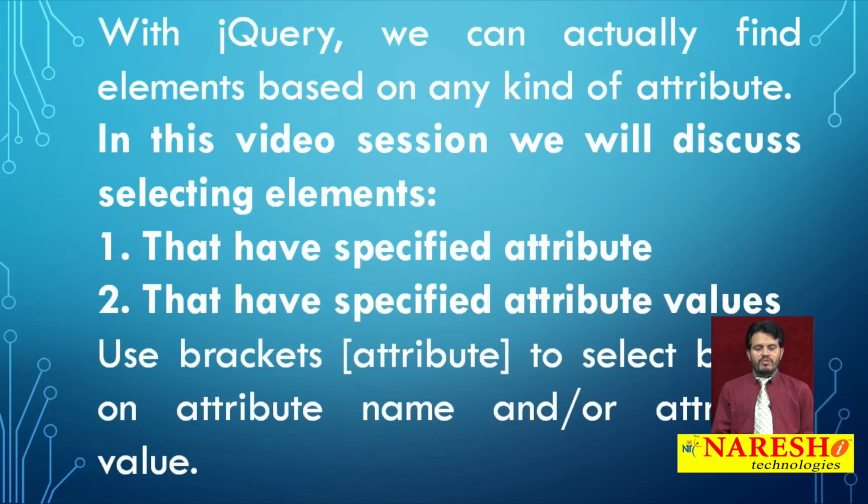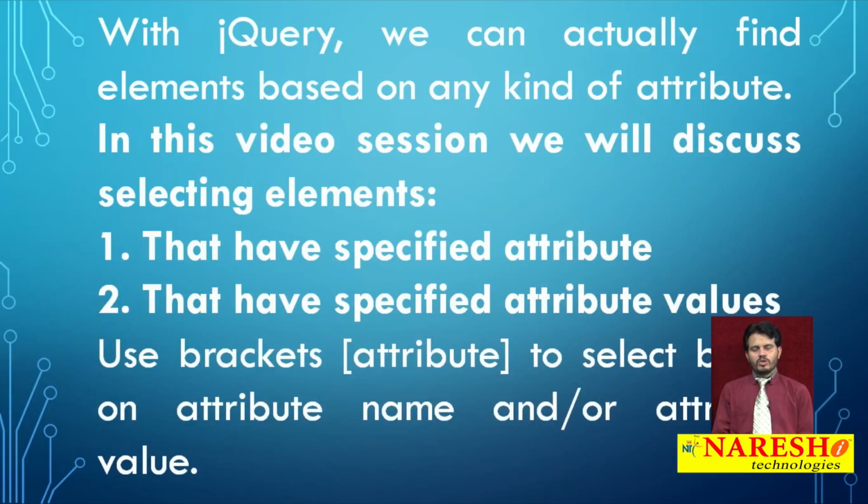With jQuery we can find any elements based on any kind of attribute. Whatever elements we have in the HTML document can be selected by their attribute. Somebody working with the input element, type equals to text. So what is the type? Type is an attribute and text is its value.